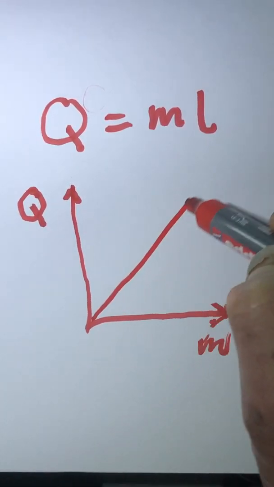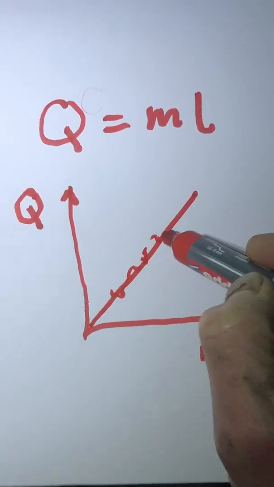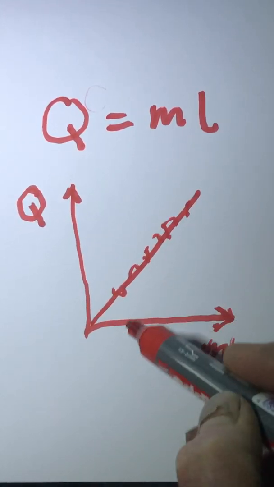We should be plotting hopefully data like that in a straight line.